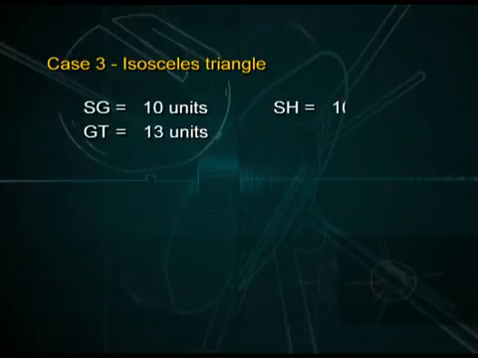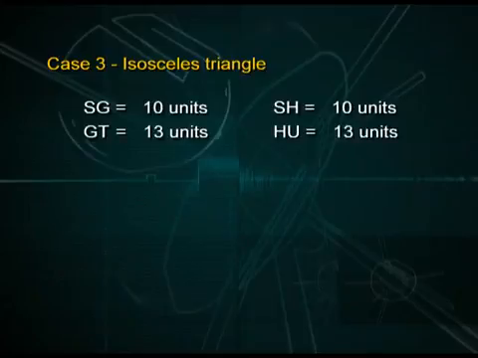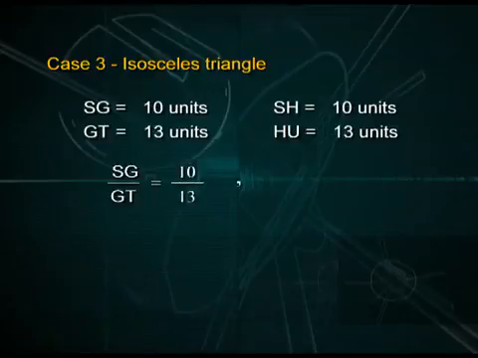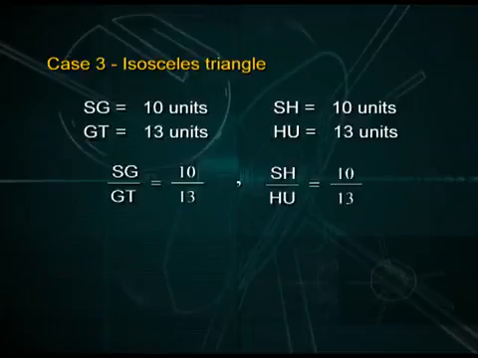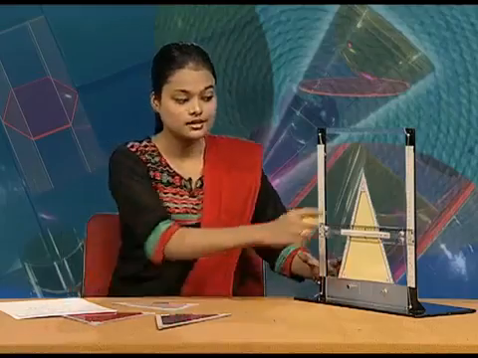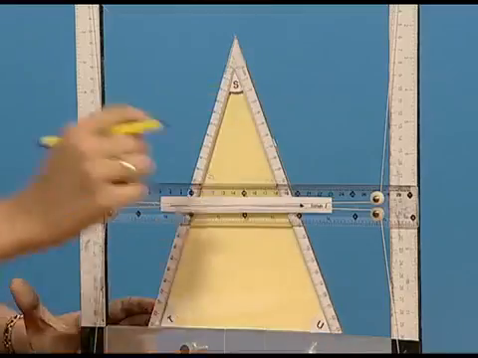SH is also 10 units and HU is also 13 units. So, it is clear that the ratio SG by GT is 10/13 and the ratio SH by HU is also 10/13, which again shows that the other two sides are divided in the same ratio.